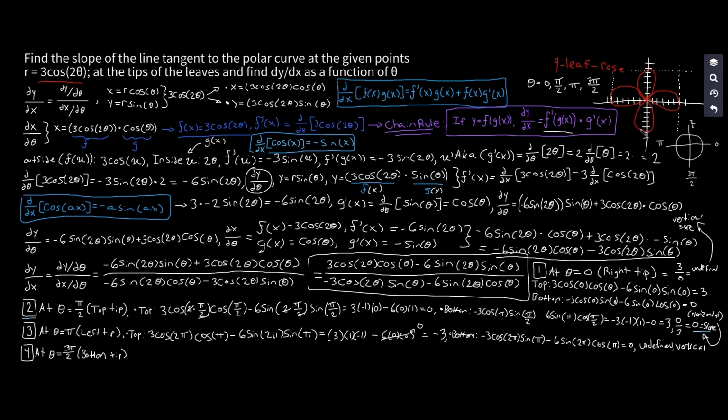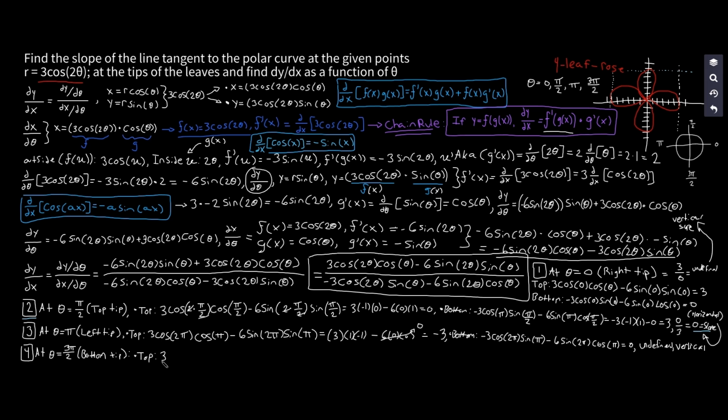So we're looking at the bottom tip of the petal. Let's just jump right in and see what's going on. We already kind of know what's going to happen. It's going to be horizontal, but that's okay, because we're just going to plug in anyway.